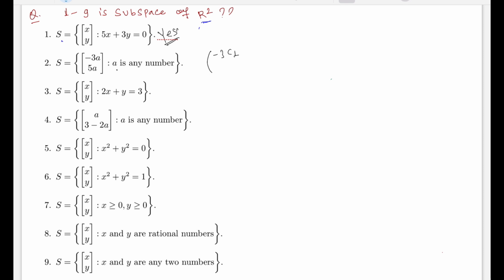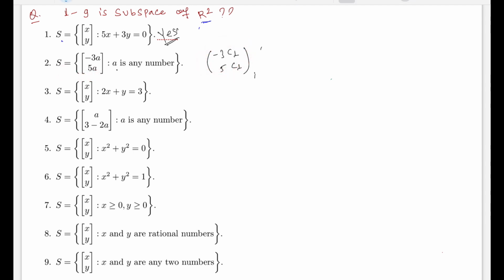So if I pick another element from this set, I can pick -3 times c1 and 5 times c1. There has to be c1 in both places, because this form needs to be followed. Otherwise I cannot say whether it belongs to S or not. So definitely this vector will also belong to this set S, because it has the same form.